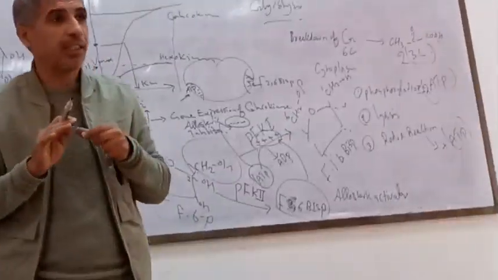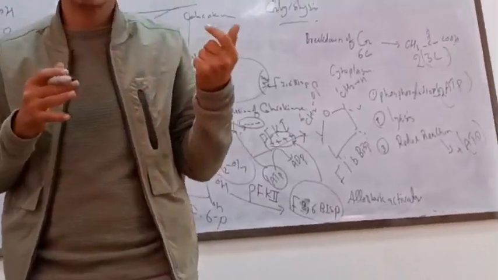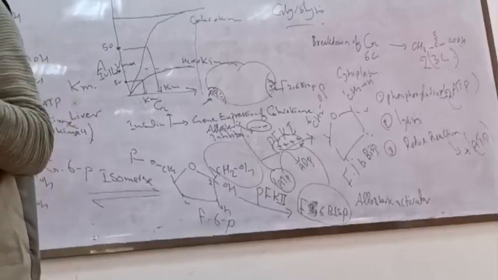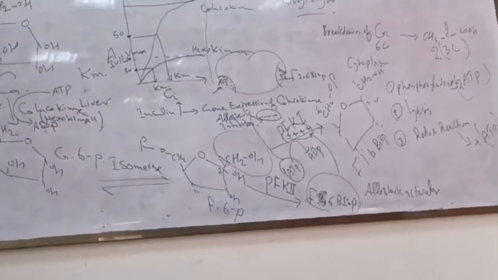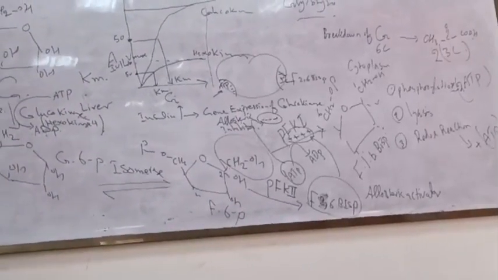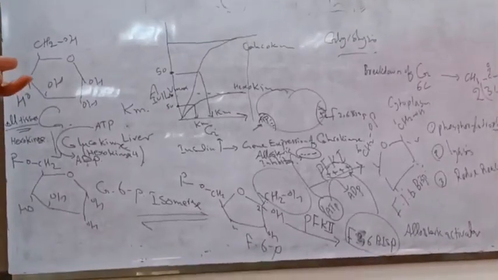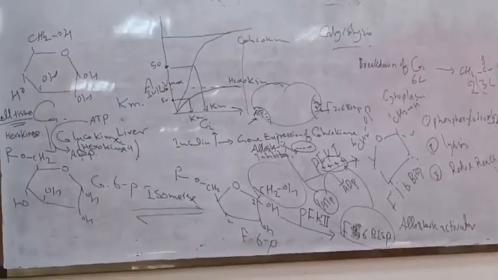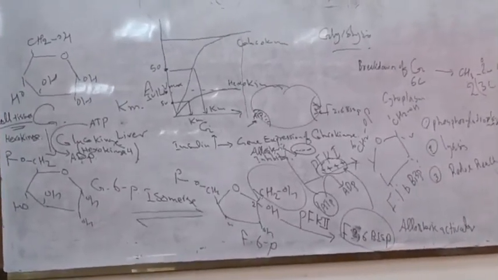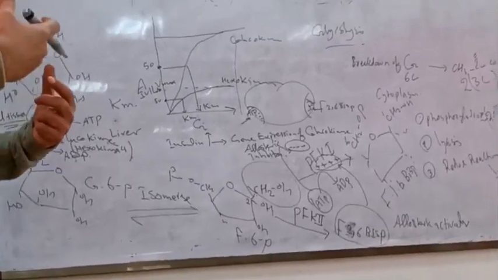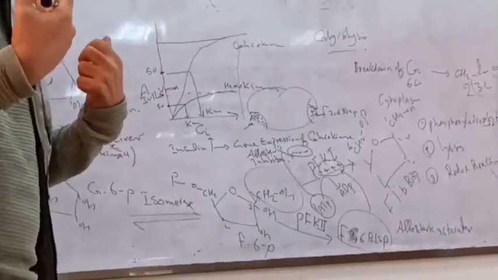This is logical, because the aim of glycolysis is ATP production. When you have enough glucose and enough ATP, the requirement for ATP decreases.